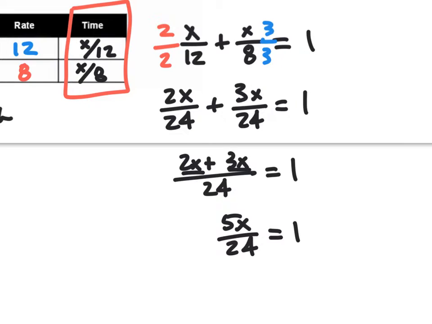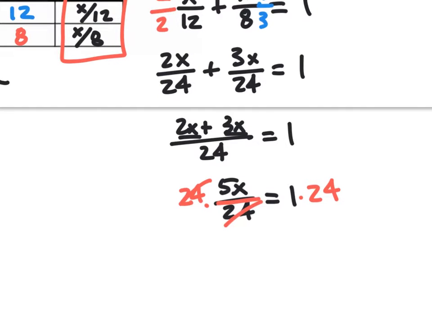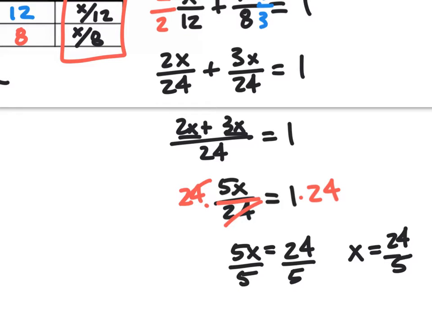But what I do is multiply both sides by 24. If I'm dividing by 24, the opposite is multiplying by 24. These divide out, and we get that 5x is equal to 24. Divide by 5 and divide by 5. So x is equal to 24 fifths.